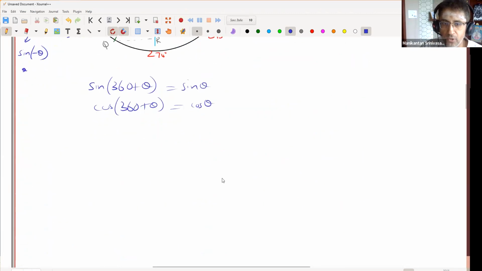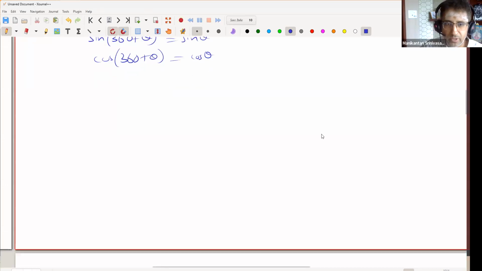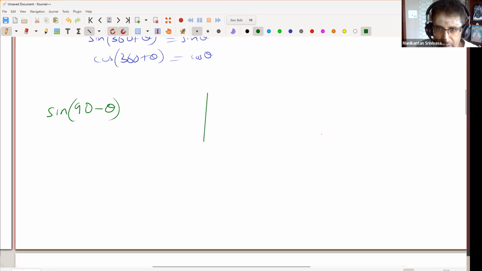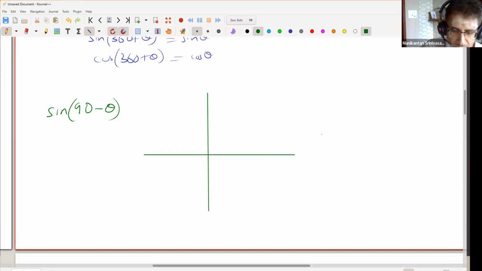Now, you also have to look at angles offset from 90. So what does sine of 90 minus theta mean? First of all, let's stick in the first quadrant itself. In the first quadrant, sine of 90 minus theta is cos theta, we all know it, but let's understand what that is.